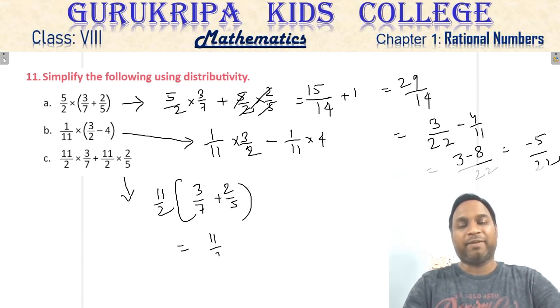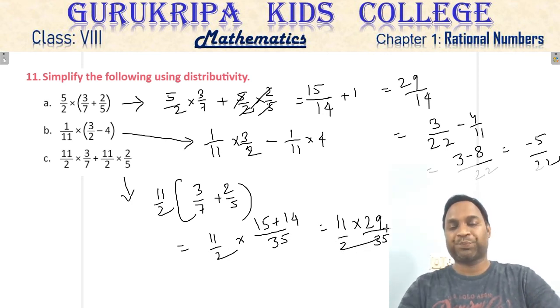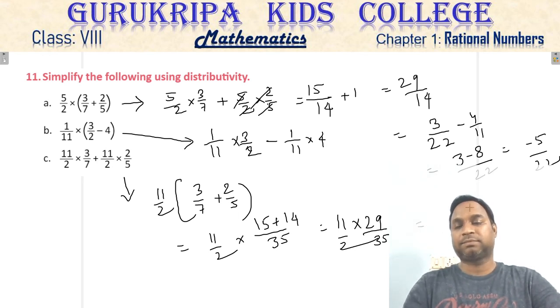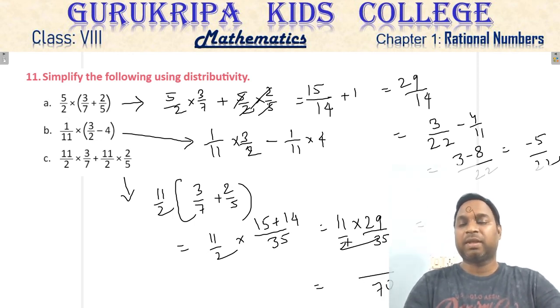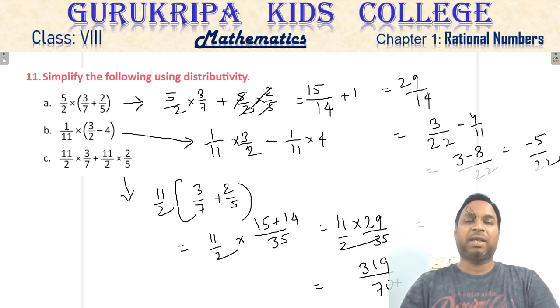Okay. 11 by 2 multiplied by 35. 15 plus 40 is equal to 11 into 29 over 35 and, okay, 70, 11 into 29, 319. That's okay.